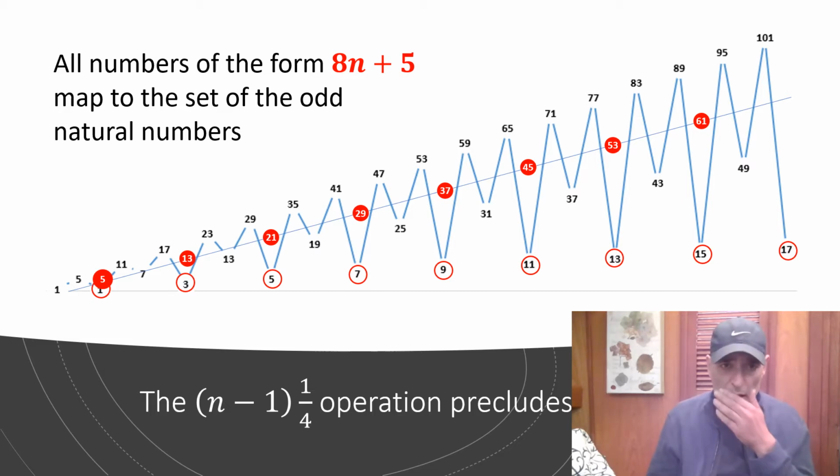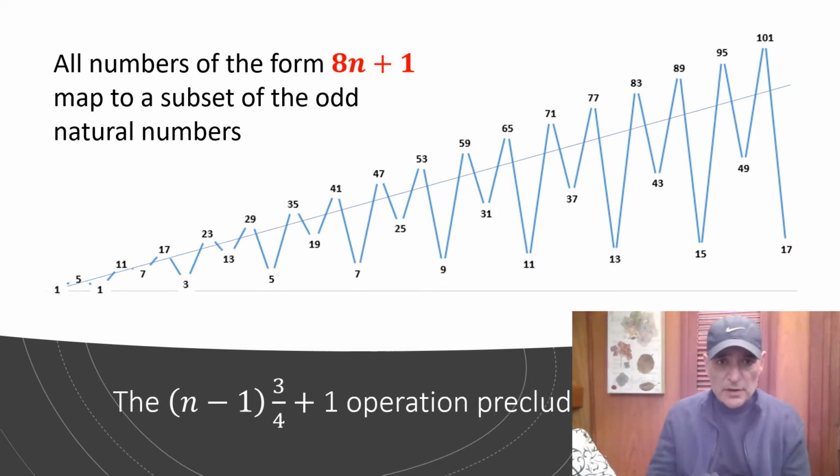There are 2 other mappings, which are subsets. And so whereas this is a bijection, the other 2 are injective. So the first injective function is for numbers of the form 8n plus 1, and the operation is n minus 1 multiplied by 3/4 or 0.75 plus 1.